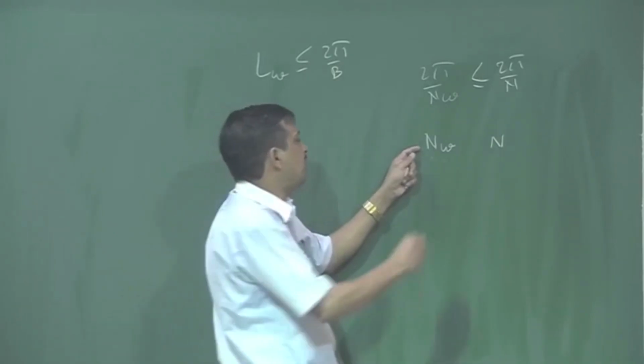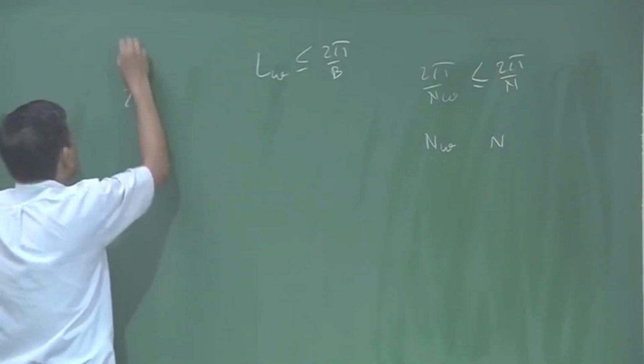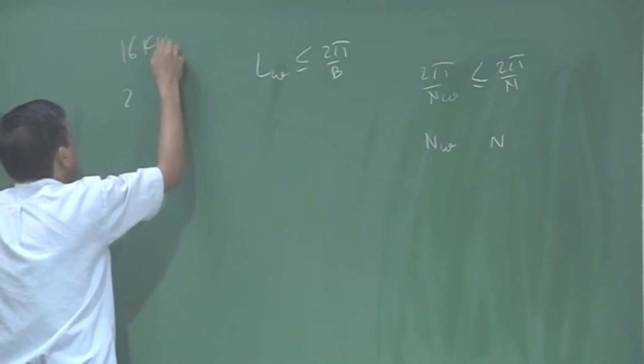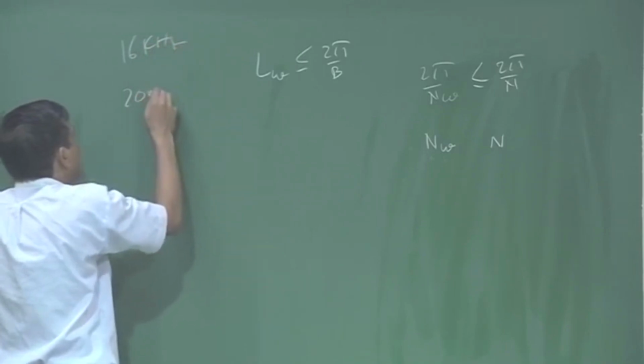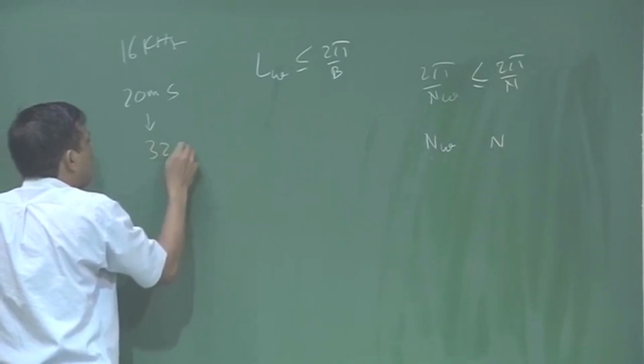So, if I have a 16 kilohertz speech signal, and if I take a 20 millisecond window, the length of the signal is nothing but 320 samples.